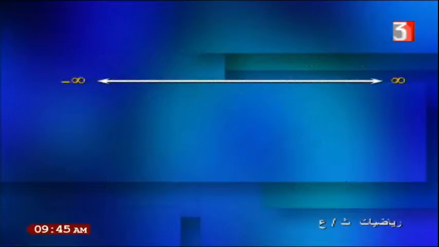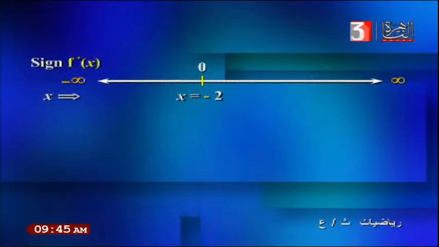Now we draw the number line from negative infinity to infinity, and when x equals negative 2, f dash negative 2 equals 0, and when x equals 2, f dash x equals 0.